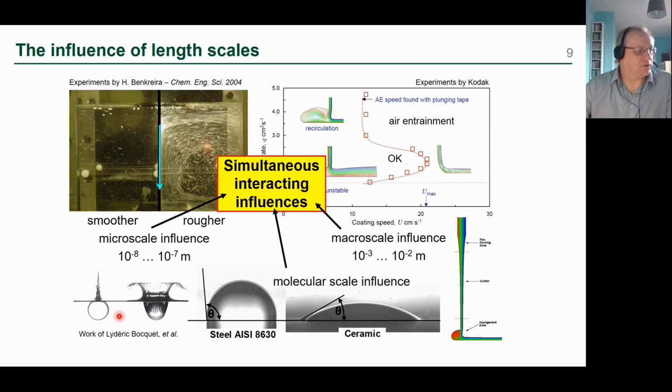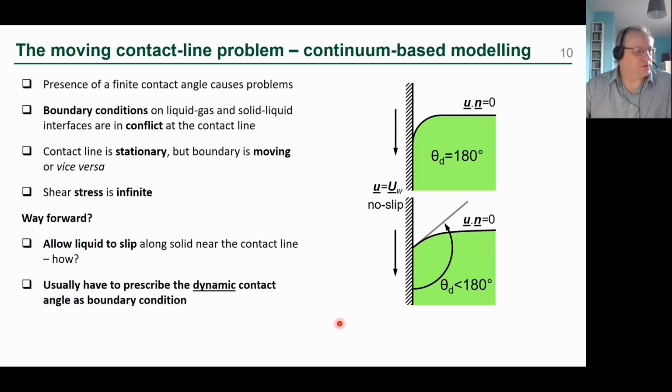And as they drop into the bath of fluid, you can see the smooth one just plops in nicely and creates very little splash, whereas the rough one generates this huge splash. And that's because the contact line can't move quickly enough over the surface to close up behind the object, and so it leaves this big open pocket. So lots of different length scales involved.